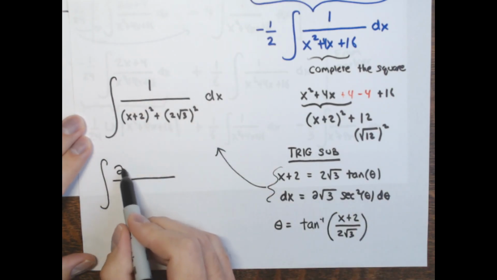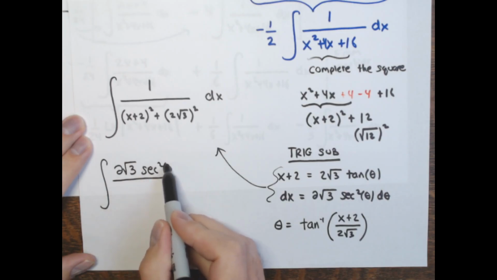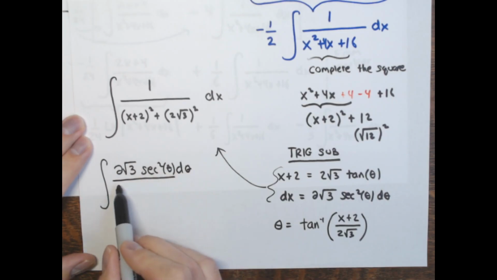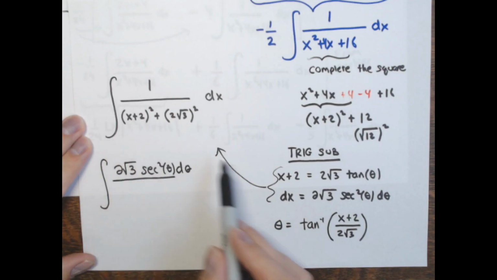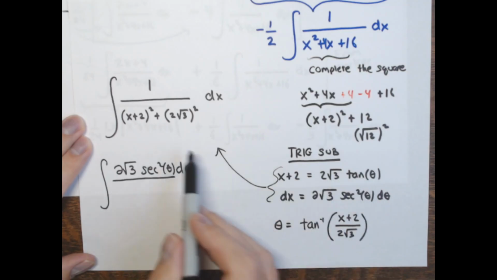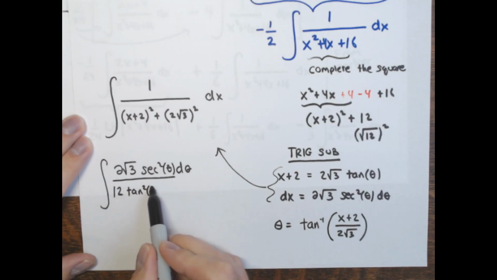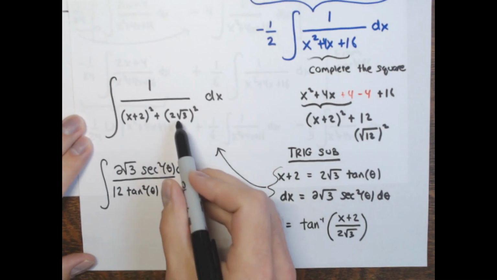dx is this 2 root 3, square root of 12, right, times secant squared theta d theta. And then down here, x plus 2 is being replaced by this 2 root 3 tangent theta. So you'd have 12 tangent squared plus 12.